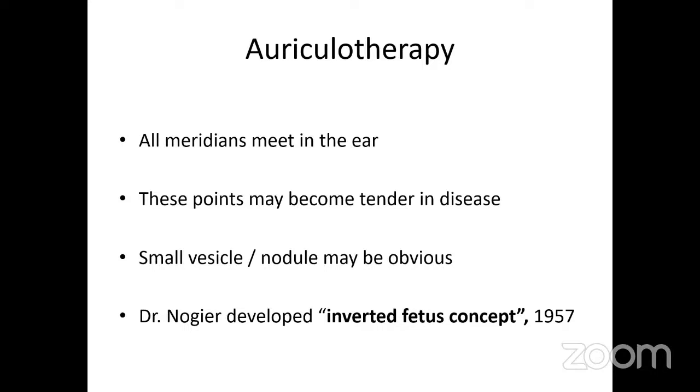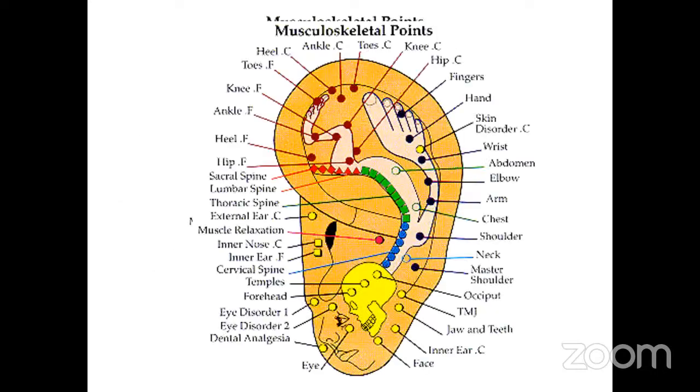Now I would like you to really look at this and get a mental picture, because this is what is going to help you ultimately get the points. Otherwise, sometimes you will say, oh, how can this point be there? This organ is nowhere there.